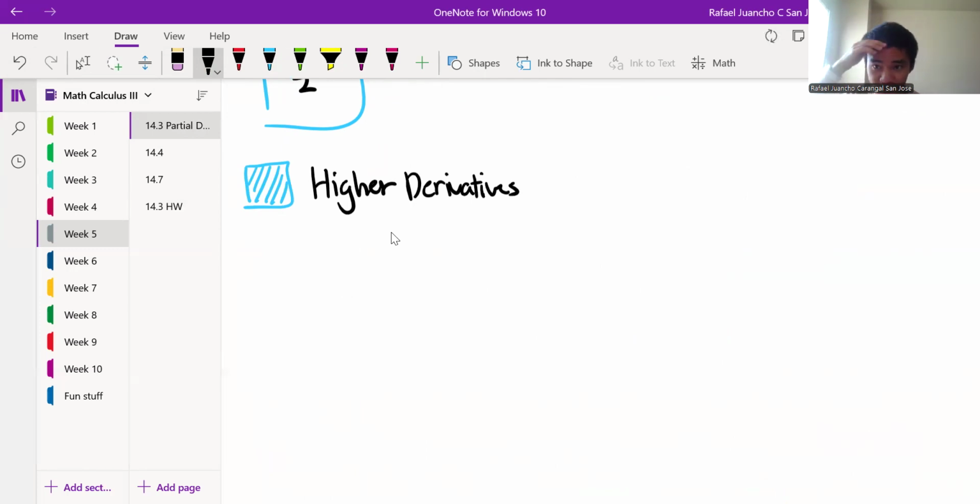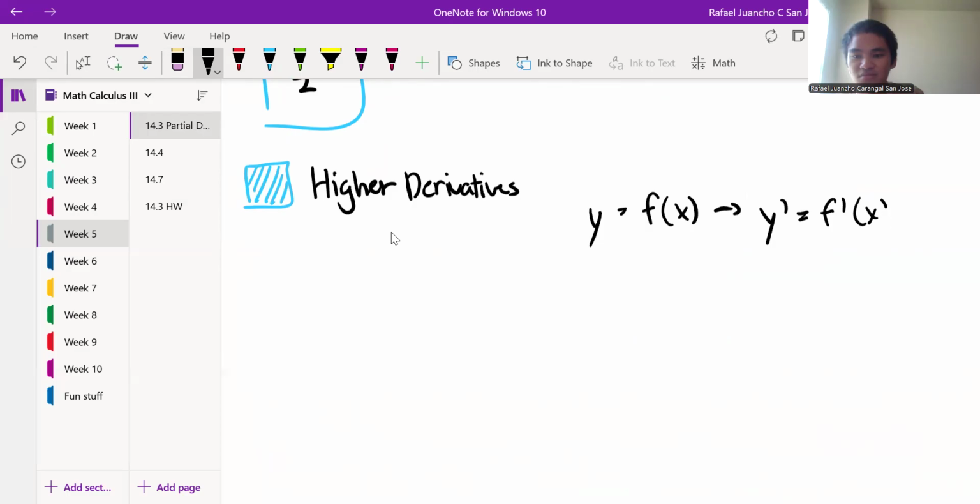So all you were doing was computing the first order. If we were to do it in calculus 1, this is our function. y is the output, x is the input, f is a function. If we take its derivative, we would just do this. And if we were to take its derivative again, we would have this.